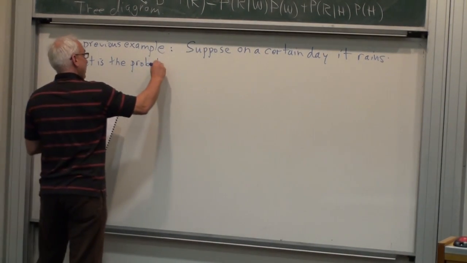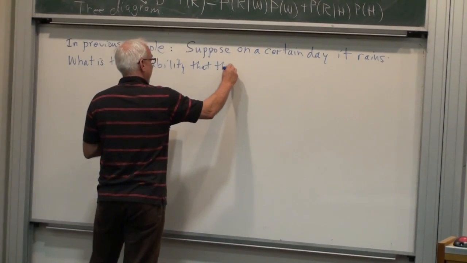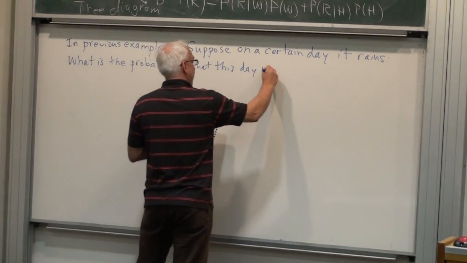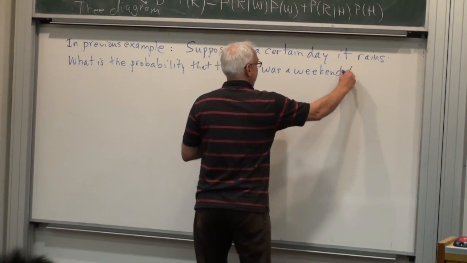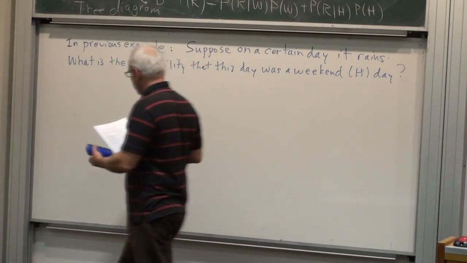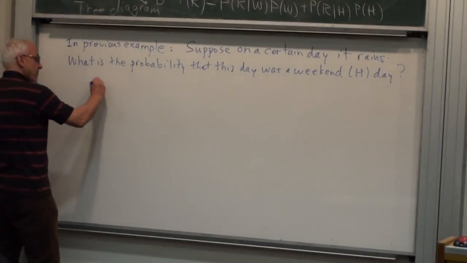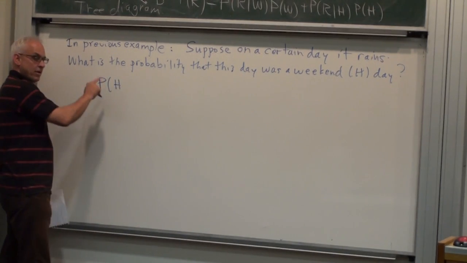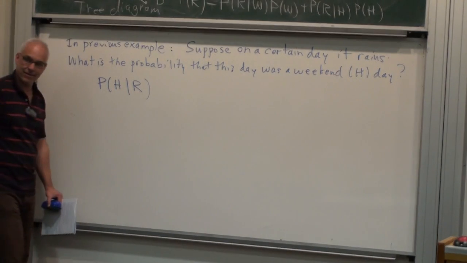What is the probability that this day was a weekend day? Weekend is home day. So we're asking what's the probability of being a home day given that it's a rainy day?